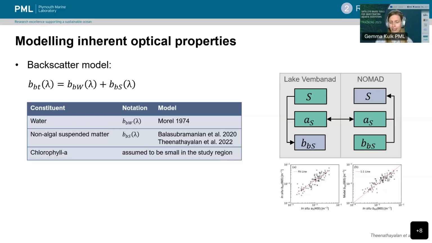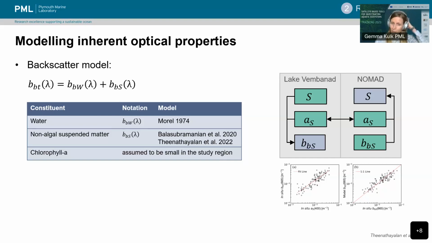The NOMAD dataset included the backscattering and the absorption of non-algal suspended particles, but not the concentration of total suspended matter. We therefore used the common measurement in both the in situ datasets, the non-algal suspended particle absorption coefficient, AS, to link the backscattering of non-algal suspended particles, BBS, to the concentration of total suspended matter, S.